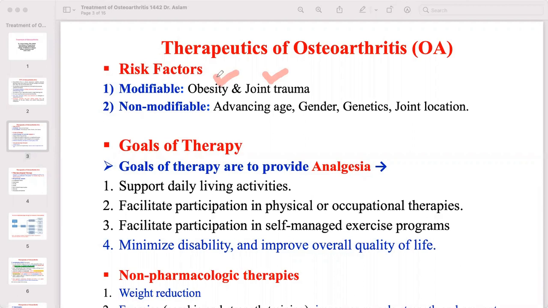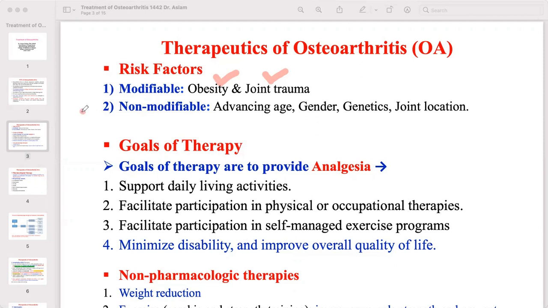by preventing weight gain, exercise, reduction in the weight, and precautions for breakage of the bone, breakage of the joint, and trauma.